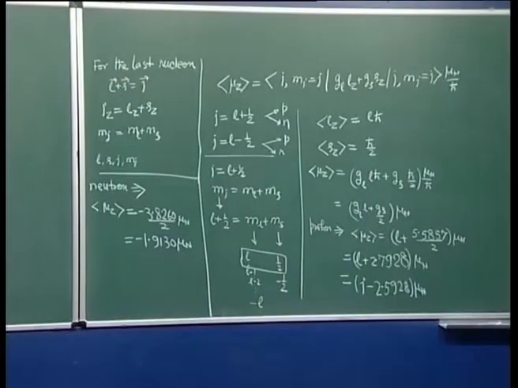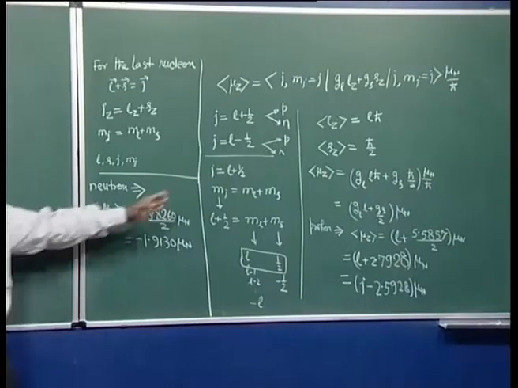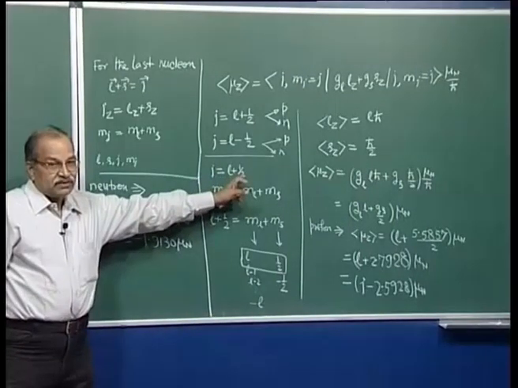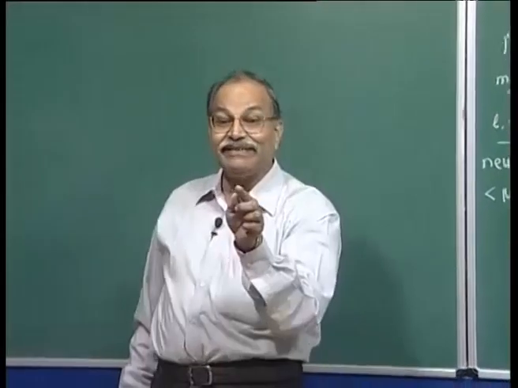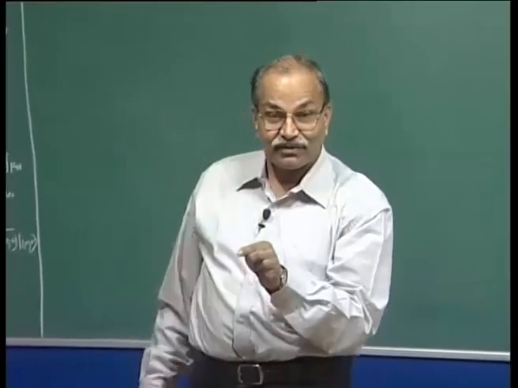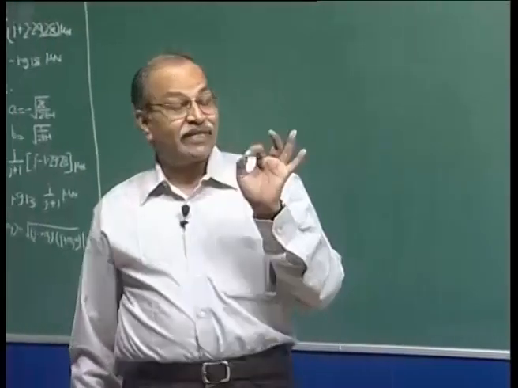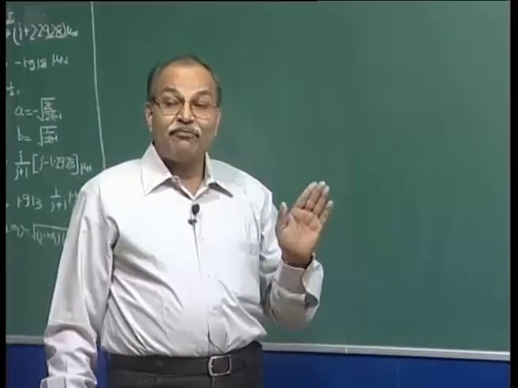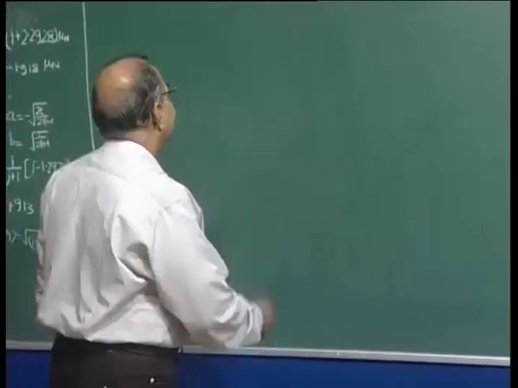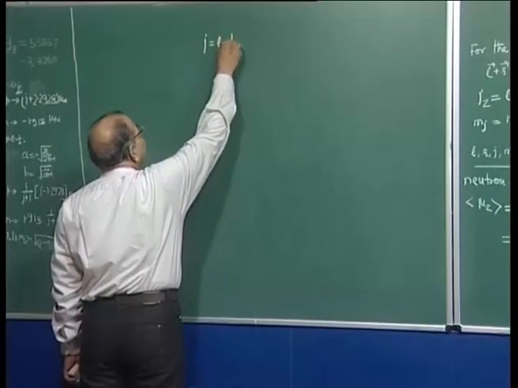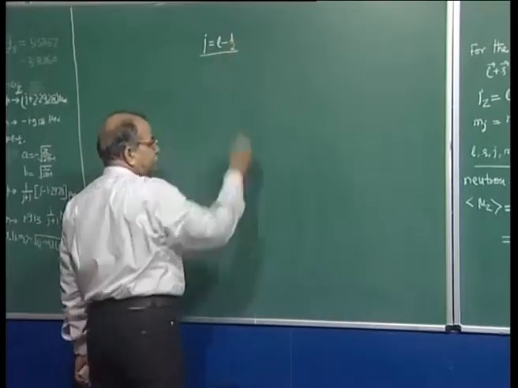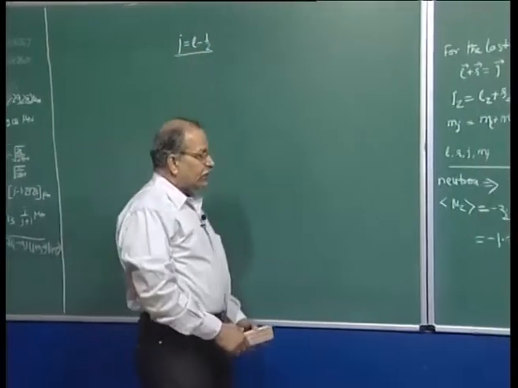Okay, now discuss the case when J is L minus half, that means states like P 1 by 2 or D 3 by 2. So, those are the states where J is L minus half. Let us discuss that case. Again, look at this table.